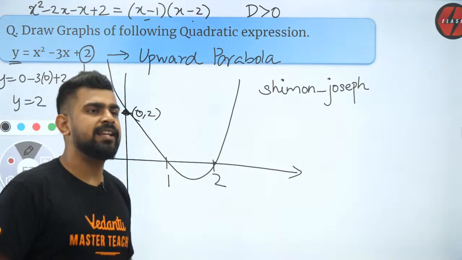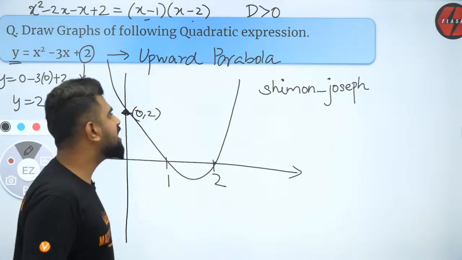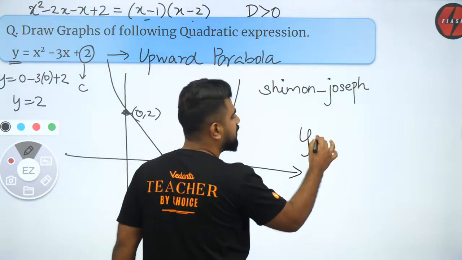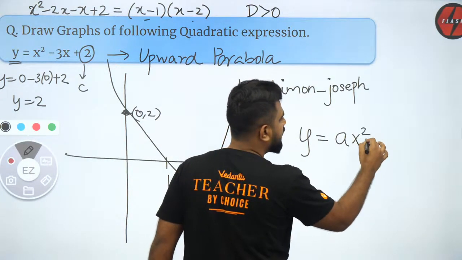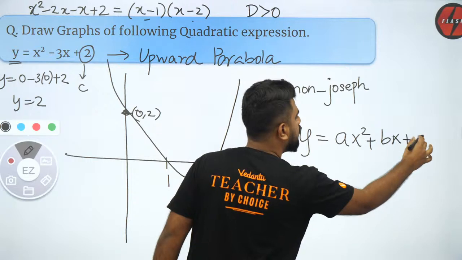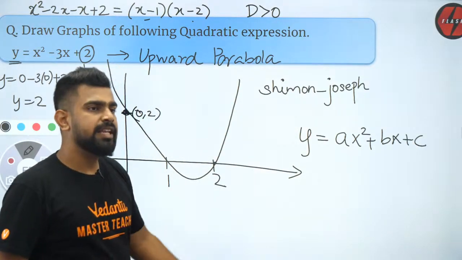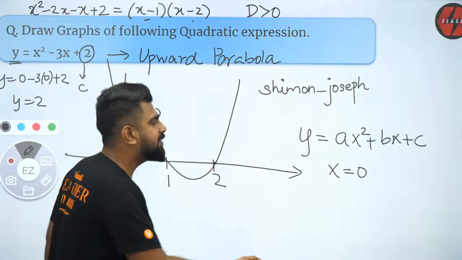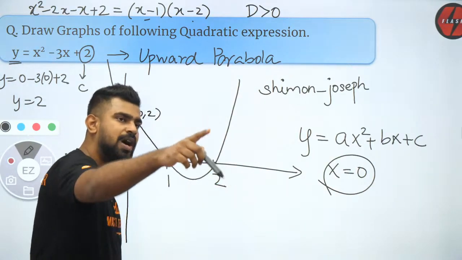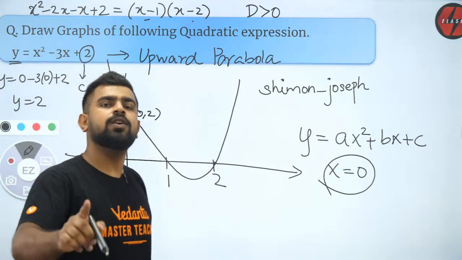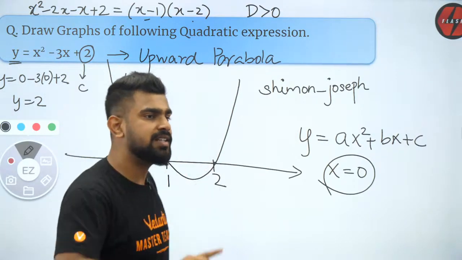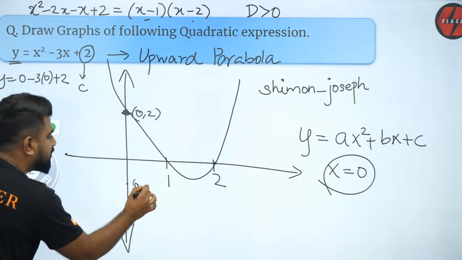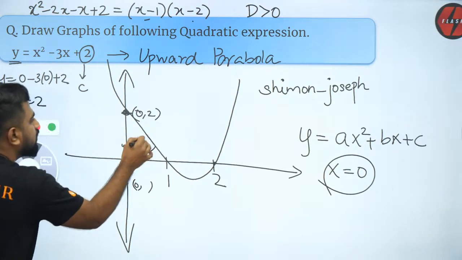Manjusha is asking why C is on the y-axis. See, Manjusha, I have told you so many times. Again and again, you guys are asking the same doubt. Okay, so if you put x equal to 0, first of all, x equal to 0 means y-axis. Do you understand that? Because any point on this y-axis is 0 comma something.